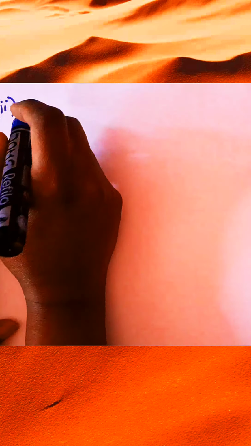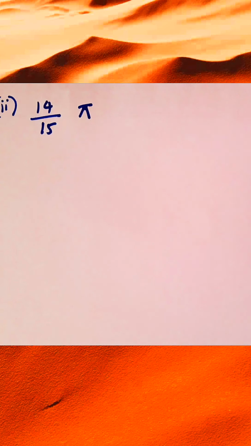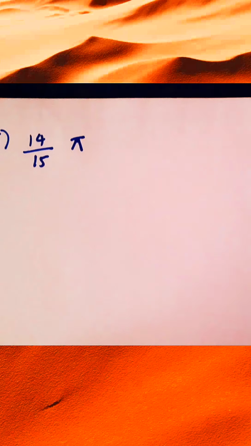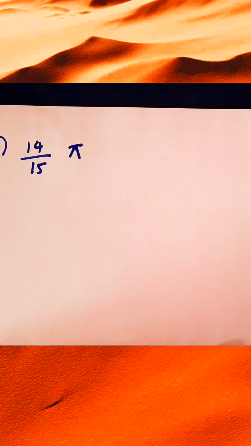The given question is 14 by 15 pi. We have to convert this into degrees, so for that we multiply by 180 degrees divided by pi. I'll write this as the solution.